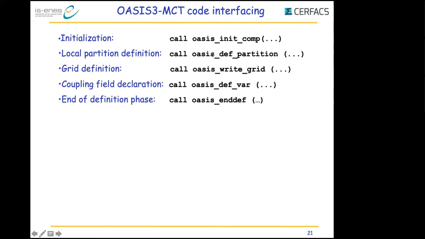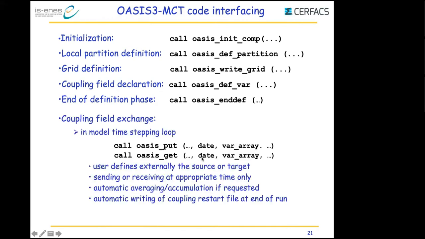Each process will call this OASIS def partition to describe the local partition of the coupling field that it will send or receive. And that's how the coupling library OASIS can do the redistribution of the coupling data between the different components. And then you have to implement a call to describe your grid. You have to declare the coupling field with an OASIS def var, and then you close the definition phase.